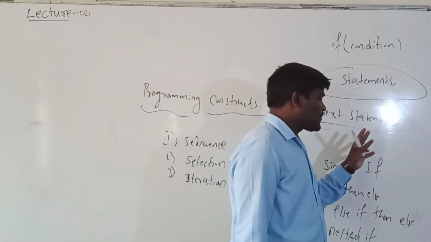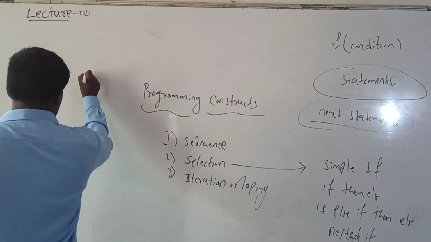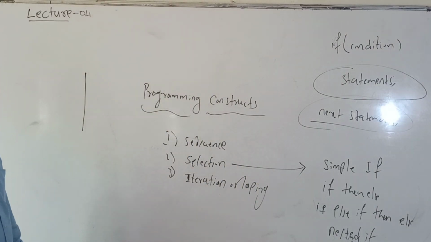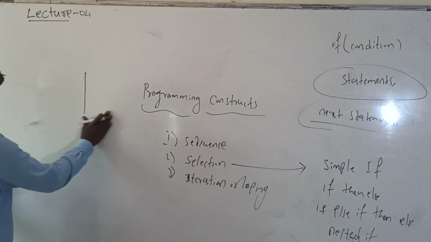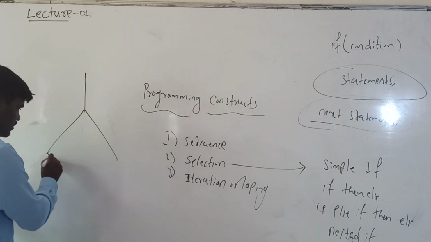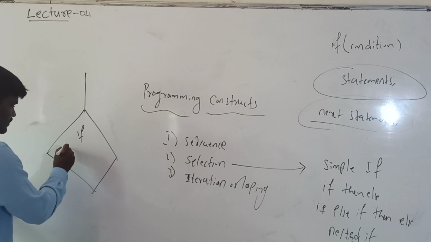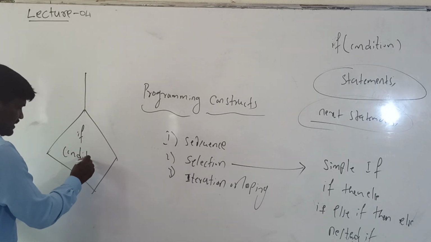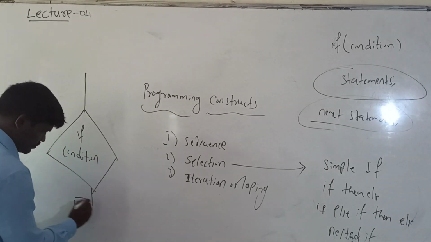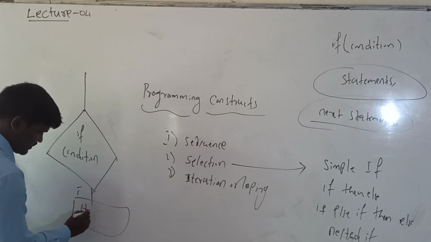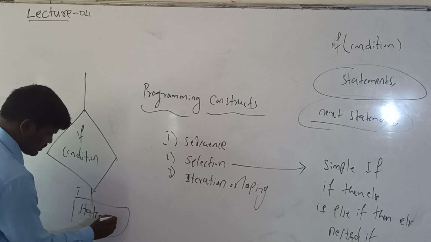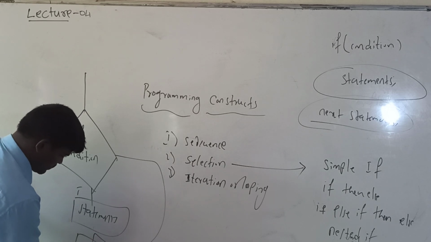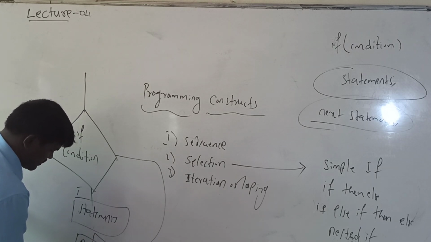And how do we write the flowchart for a condition? We can use the rhombus symbol. If condition is true, then it executes the statement. Suppose it is false, it goes to the next statement.